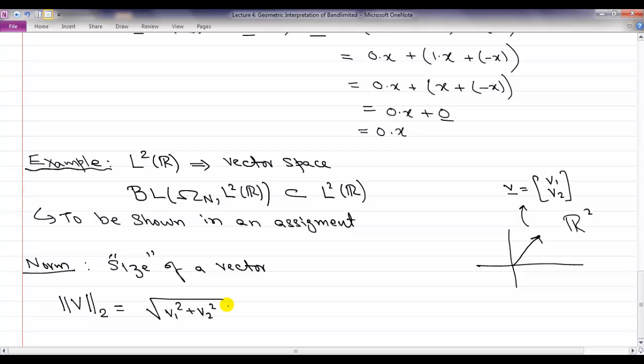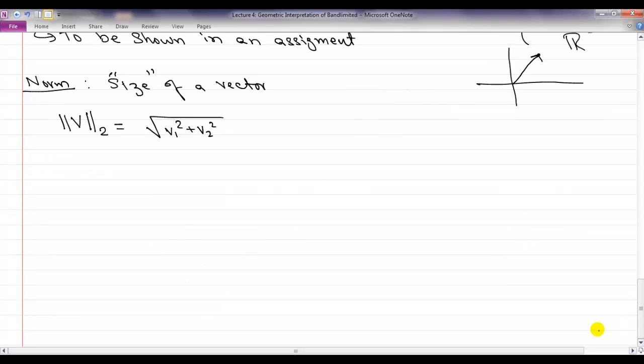For example, one trivial property is that length cannot be negative. You don't want to say this vector is of length -10. These properties, which are trivial in Rn, we want to give a formal definition.